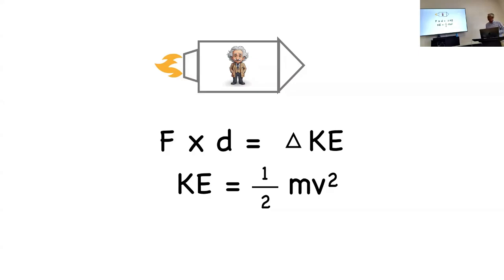So he said, there's something wrong here. And he said the mistake is to assume that mass is constant. He said, as you add kinetic energy to a body, maybe you increase its velocity, but maybe you also increase its inertia. Well, mass and inertia are just different words for the same thing.